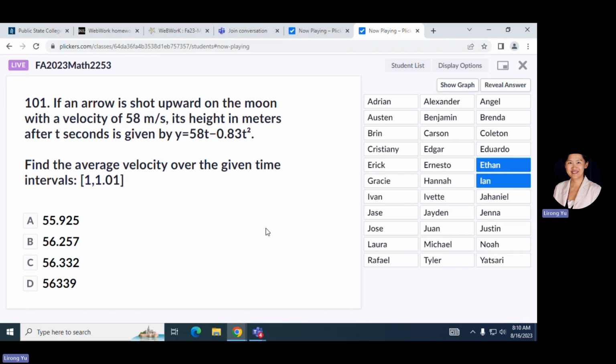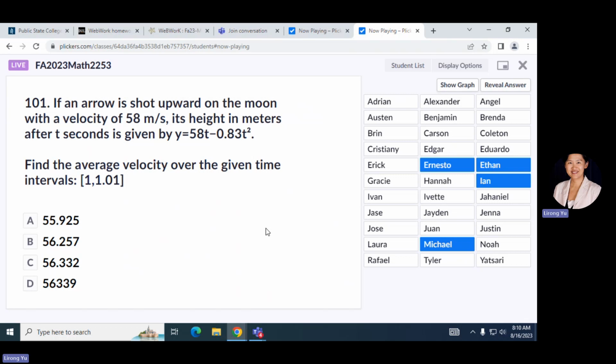Finish calculating it, and I'm ready to scan your answer. Now, you may want to repeat your calculations to double check. It's a slope, actually. Average velocity is like the slope of the secant line on the function.